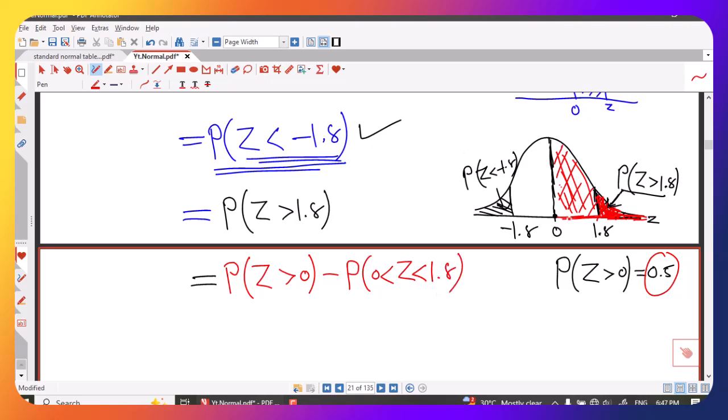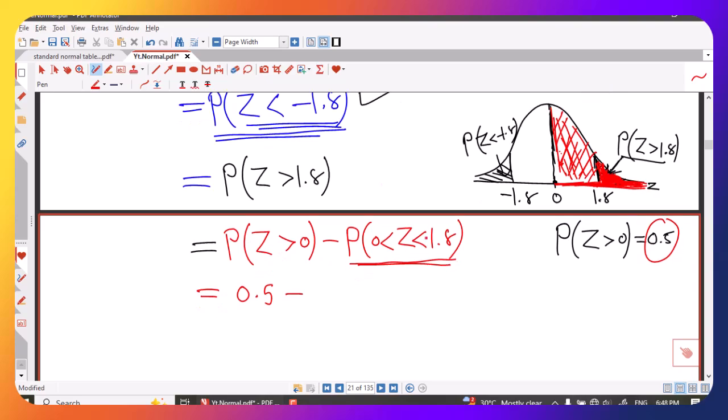Okay, I repeat again. Total area to the right of 0 is 0.5, and we are interested in this area. So this area can be obtained by subtracting this much area from total area to the right of 0, and we know that this is nothing but 0.5, and this we can obtain using the table for normal probability.